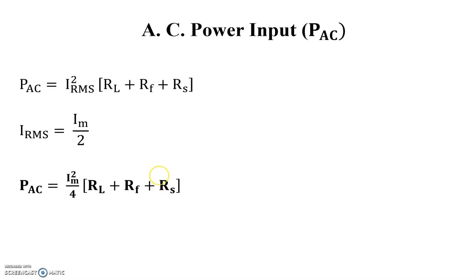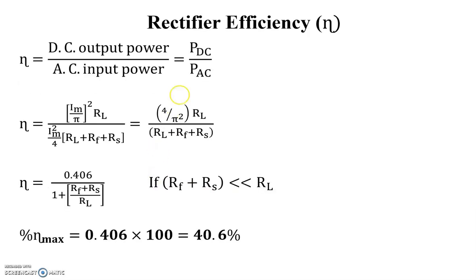Next, find the parameter efficiency. Efficiency is the ratio of DC power output to AC input power. You know these two values, so just substitute and simplify, and if you assume RF plus RS is far less than RL, your efficiency becomes 40.6%.